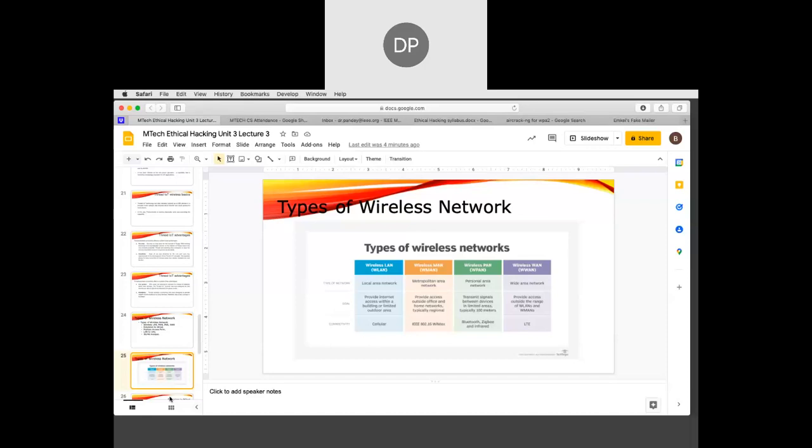And the goal of wireless WAN is providing access outside the range of WLAN and WMAN. WLAN uses Wi-Fi technology, WMAN uses IEEE 802.16 WiMAX technology, WPAN uses Bluetooth, Zigbee and infrared, and WWAN uses cellular technology such as LTE.